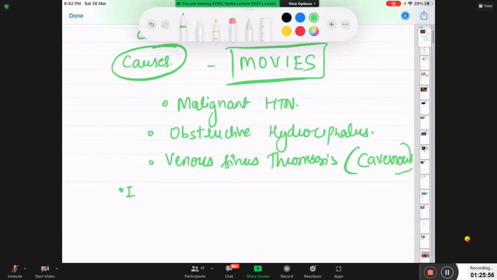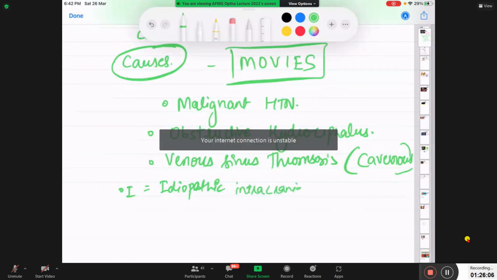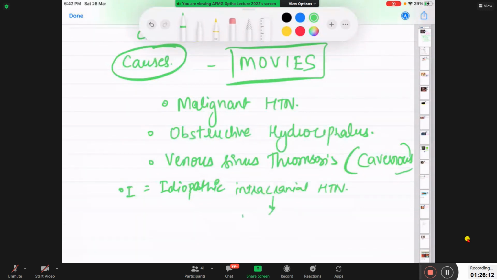I stands for idiopathic intracranial hypertension, which is called pseudotumor cerebri.